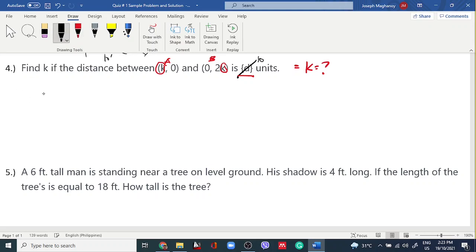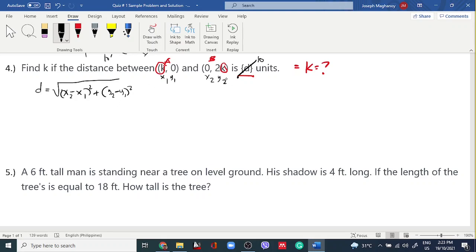Using the distance formula, D is equal to the square root of x sub 2 minus x sub 1 squared plus y sub 2 minus y sub 1 squared. Everything is given. This is your x sub 1, y sub 1, this is your x sub 2 and y sub 2.